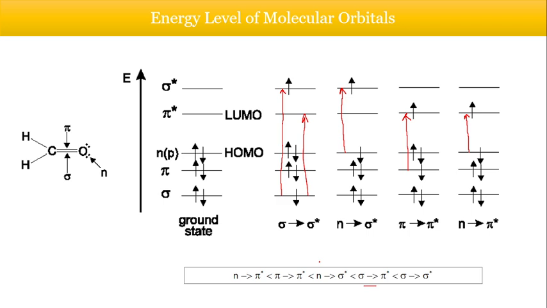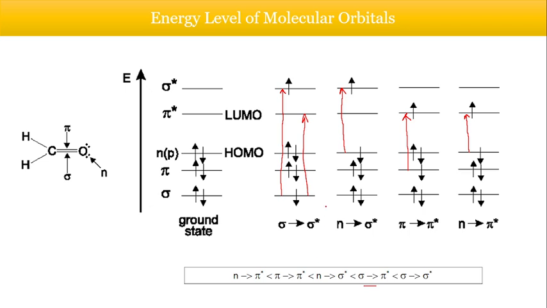Now from this you can be asked questions like which among the following transitions has the highest energy or which has the highest frequency. Also, there can be questions like which will have the highest wavelength, or which transition will absorb at a higher wavelength or at a lower wavelength.